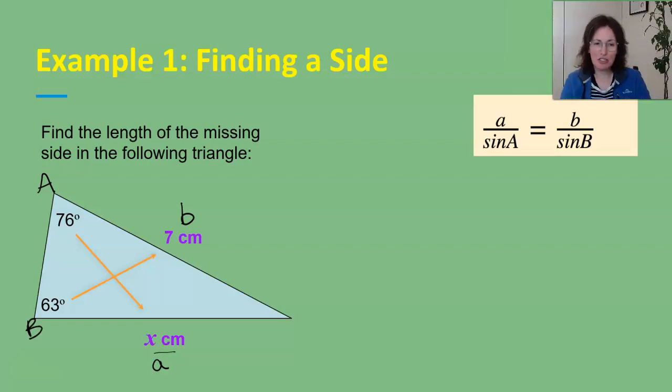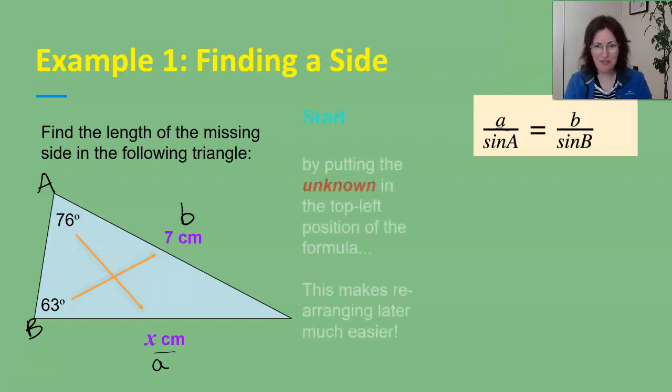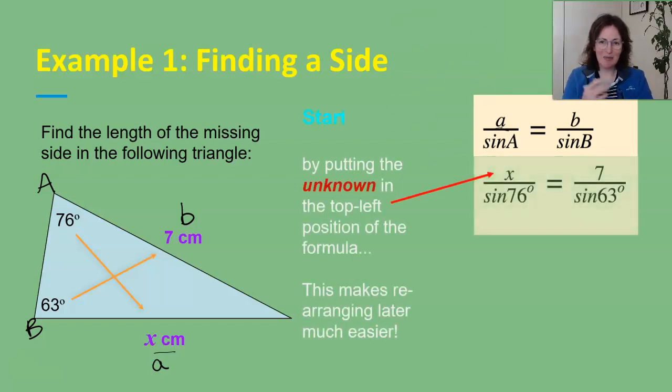Now let's substitute those into the formula. Where we see an a, we're going to put an X, making sure that we're using it in the top left, as we mentioned before. Put the X over there. Don't make the X side b. It just makes rearranging a little bit trickier for you. And so then we substitute in the other numbers. Sine A, the angle for A was 76, as you can see, and that's what we've filled in here.